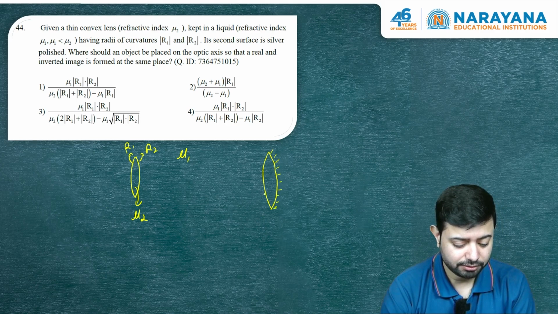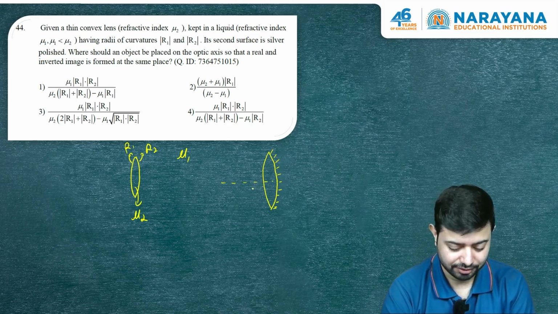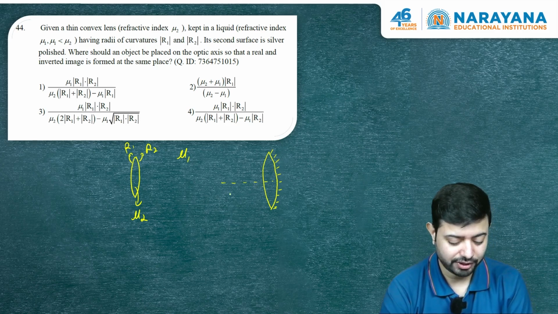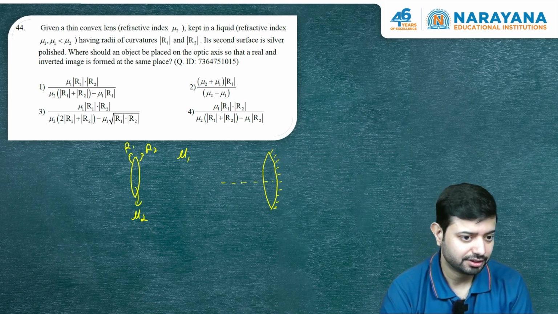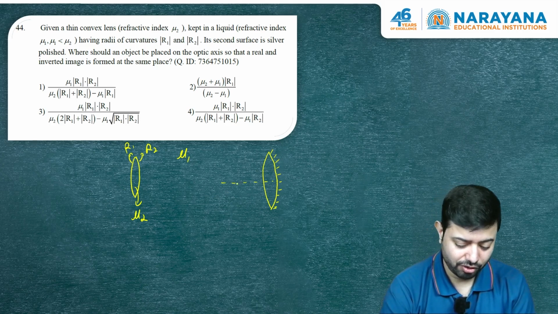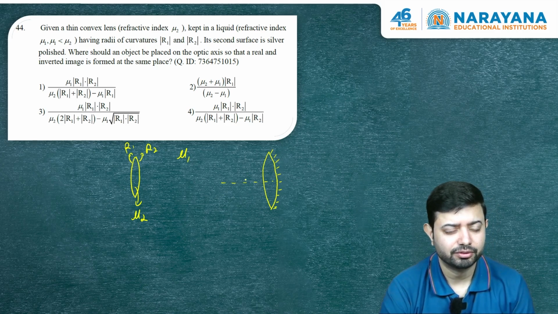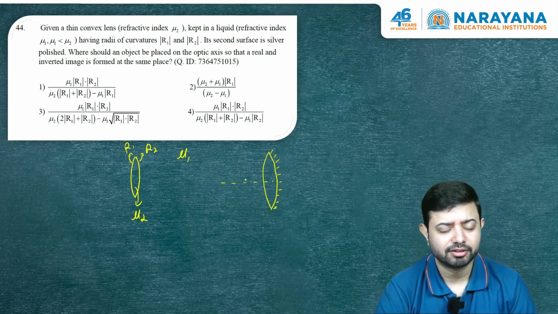Where should an object be placed on the optic axis, okay, so that a real and inverted image is formed at the same place, alright. So, you need to find out where you should keep it, right, real and inverted is formed at the same place. So, I will discuss this with there can be several methods of it.